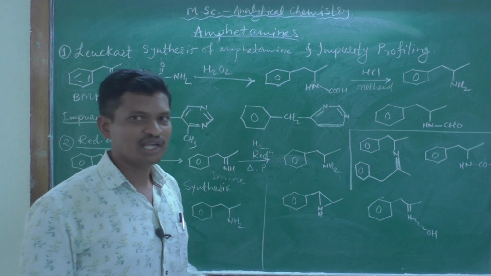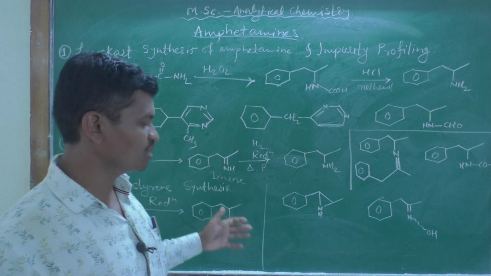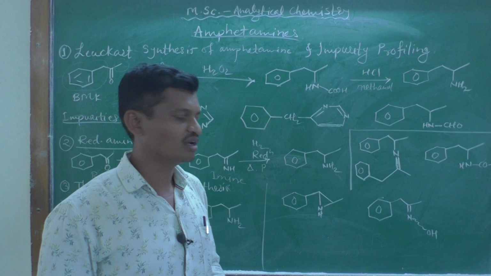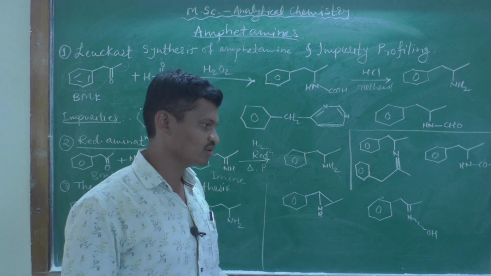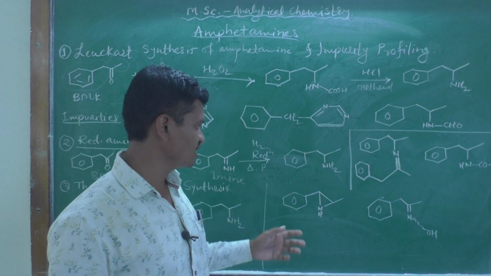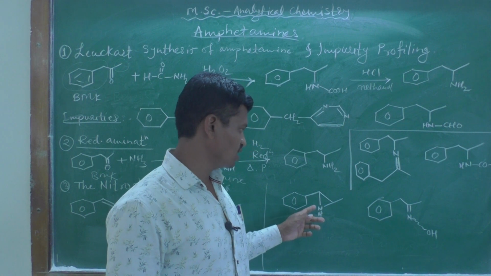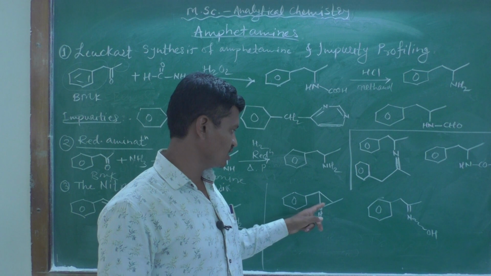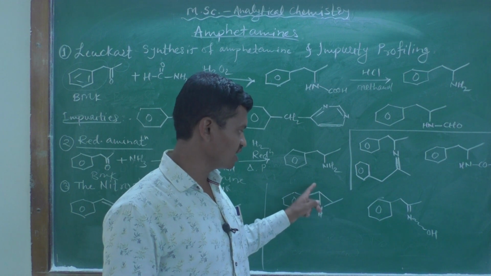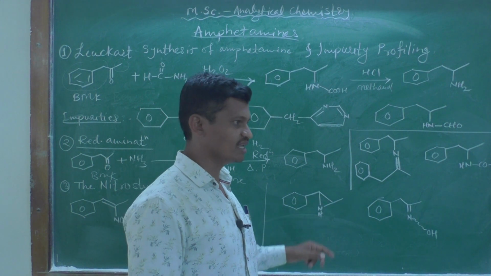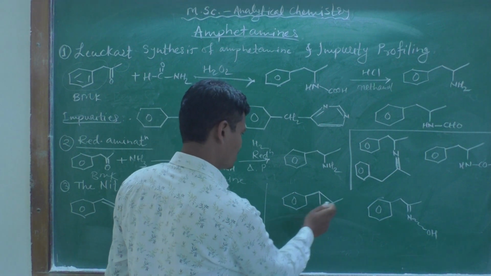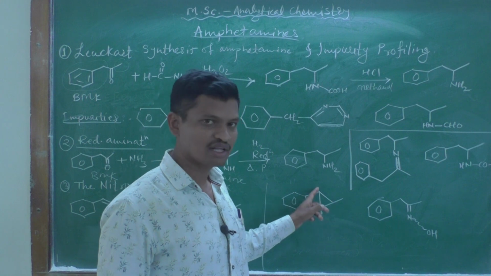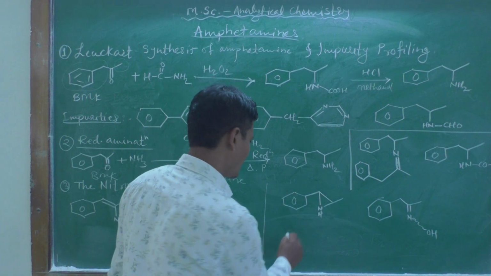Okay, now what are the impurities? Again, this third method is different, so different impurities are found in this reaction. This is what we call 1-methyl 2-phenyl aziridine.